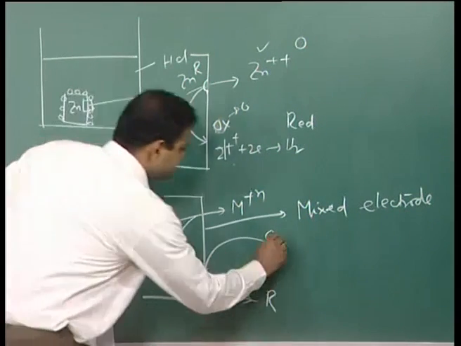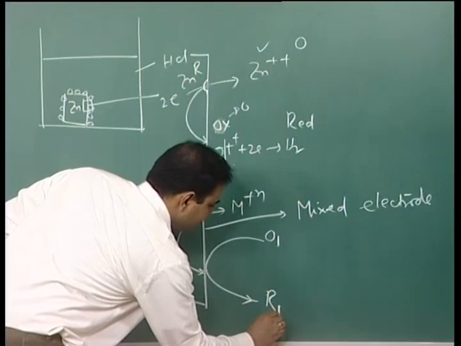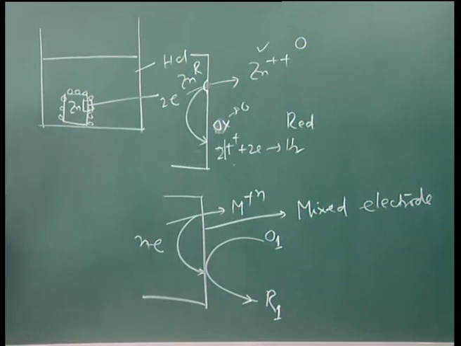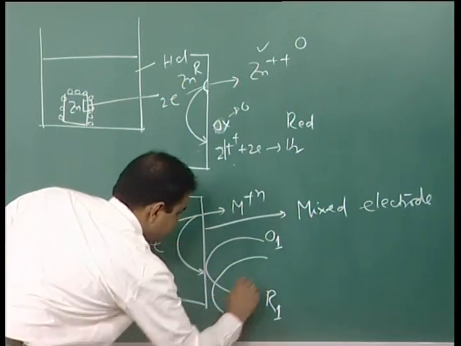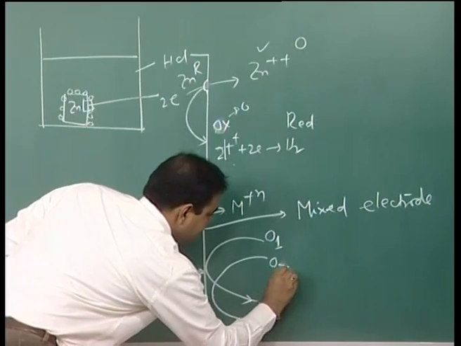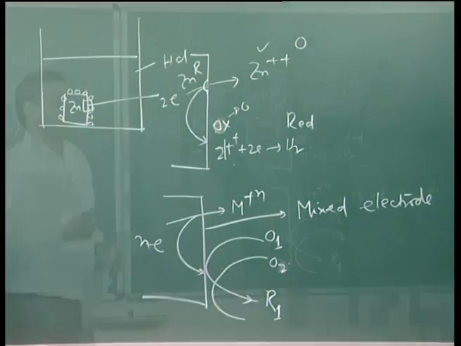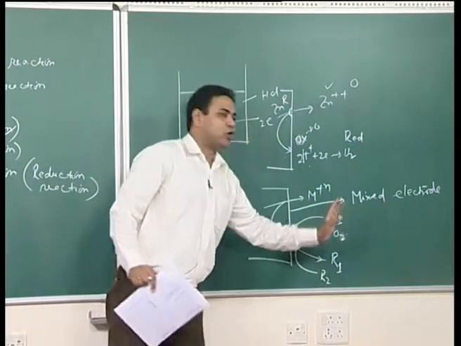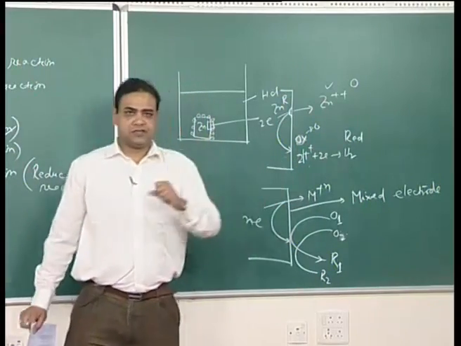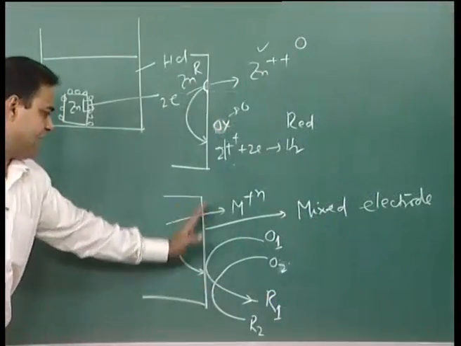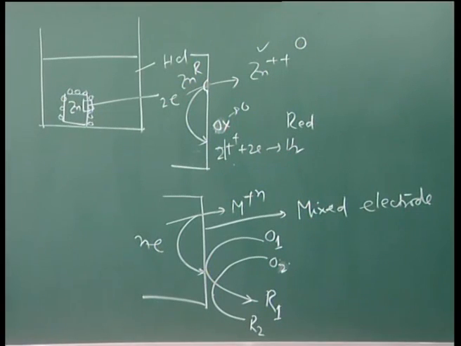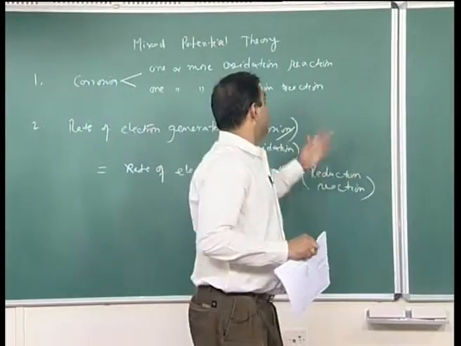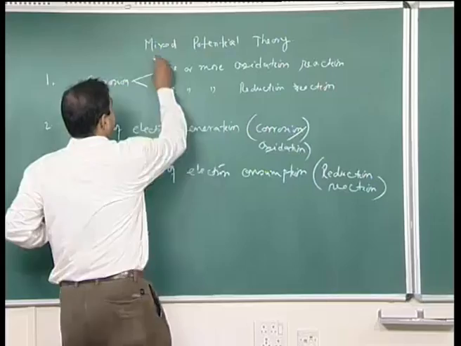In that case, oxidant 1 can go to reductant 1, and there could be one more reduction, where the second oxidant goes to the second reductant. So there could be two reduction reactions and one oxidation reaction, but all the reactions are happening on the same electrode surface. So it is called a mixed electrode. The mixed electrode concept will be used again while understanding this mixed potential theory.